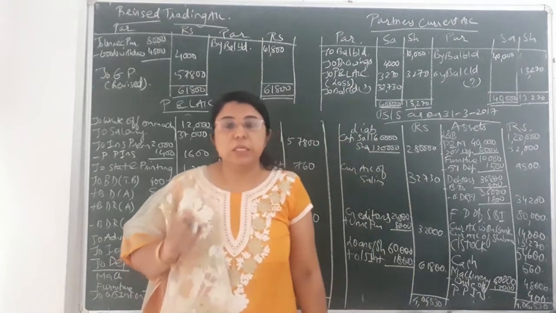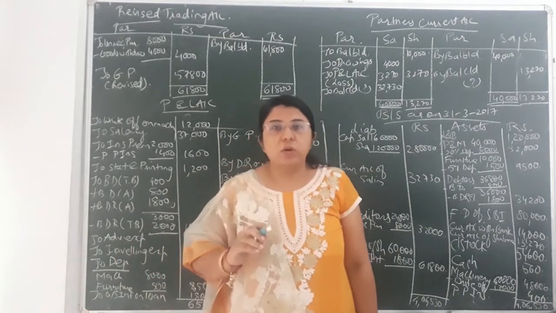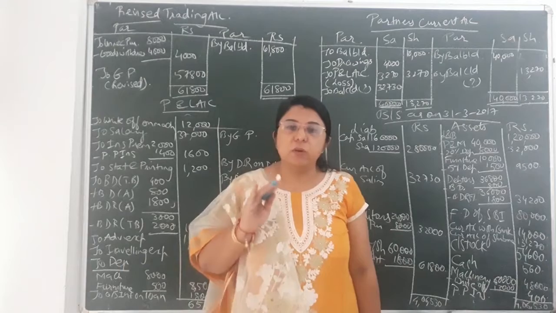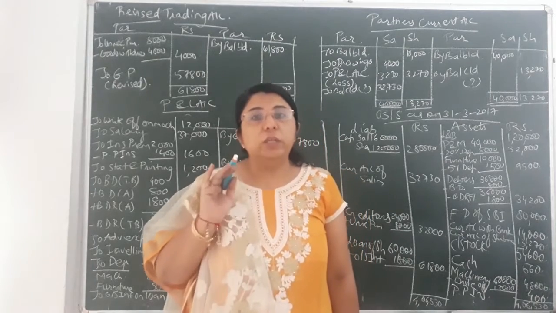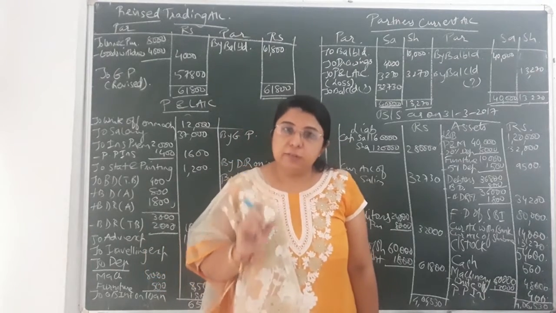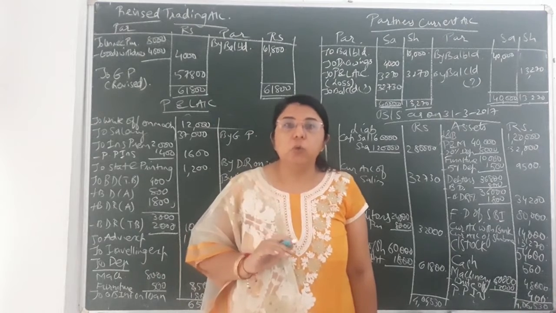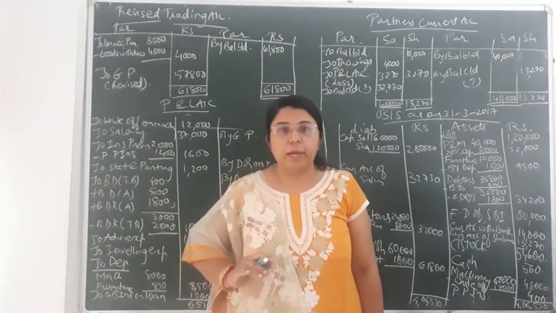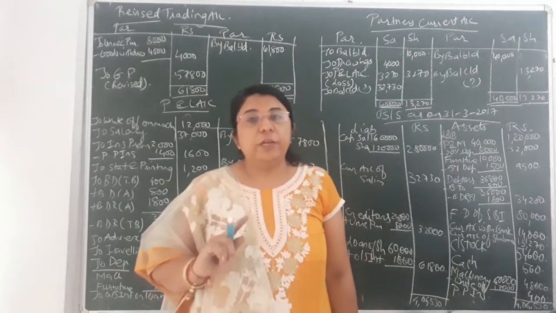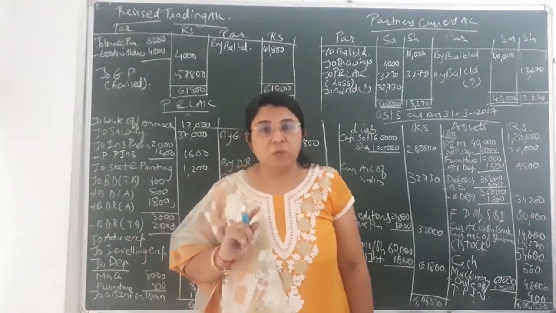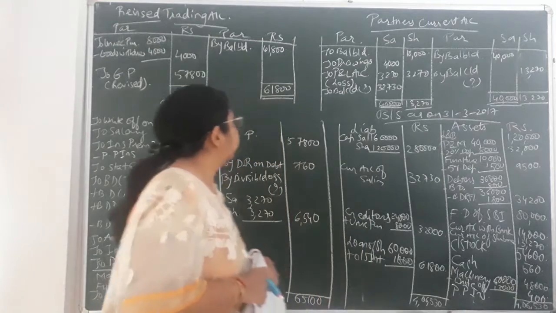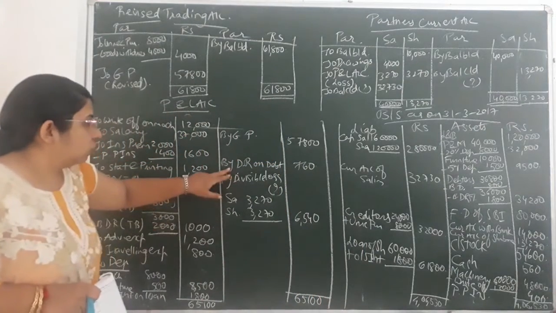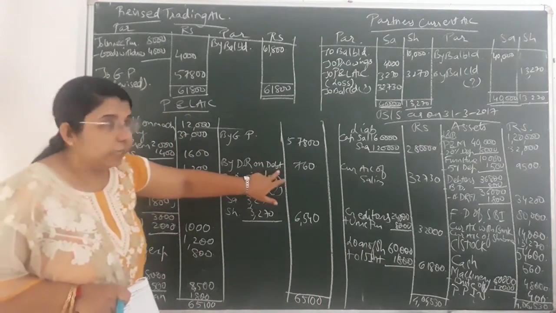Now students, make it clear, whenever discount reserve or any kind of bad debts reserve has been given to you in the trial balance, and in the adjustment it has been provided to you that now that bad debt reserve or discount reserve is not required, then only one effect of that discount reserve or bad debt reserve would come, that is on the credit side of P&L account, that is by discount reserve on debtors.